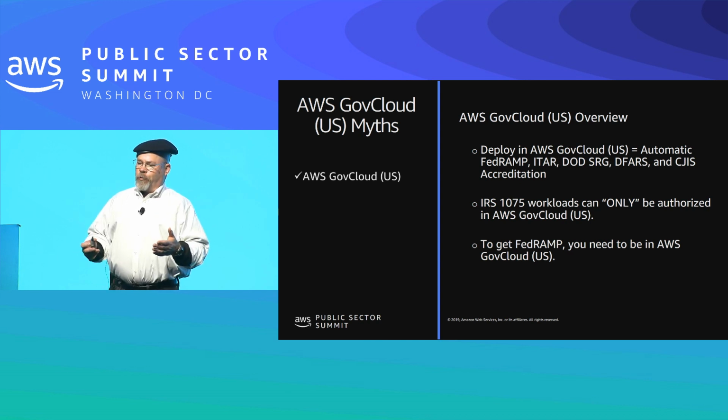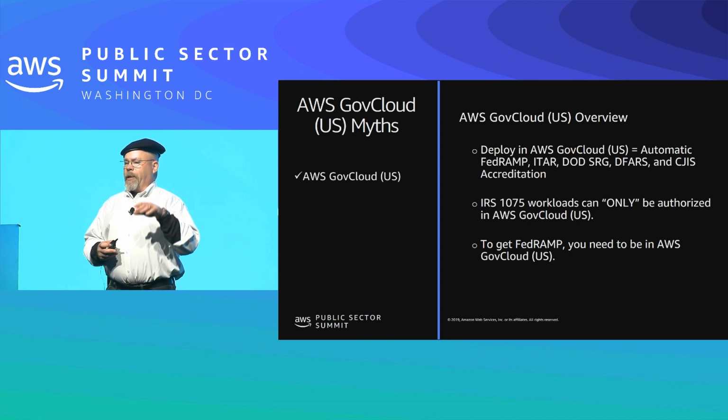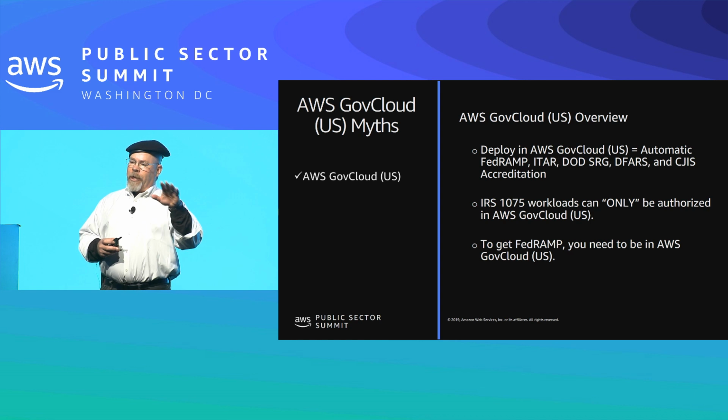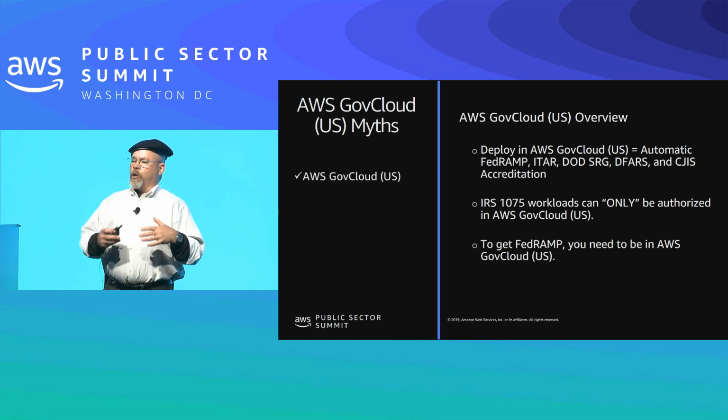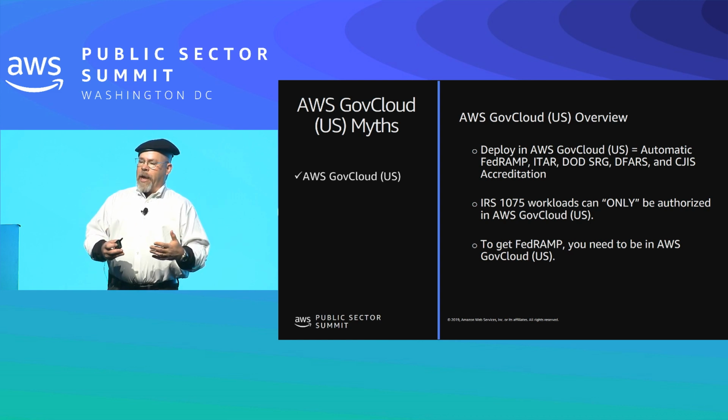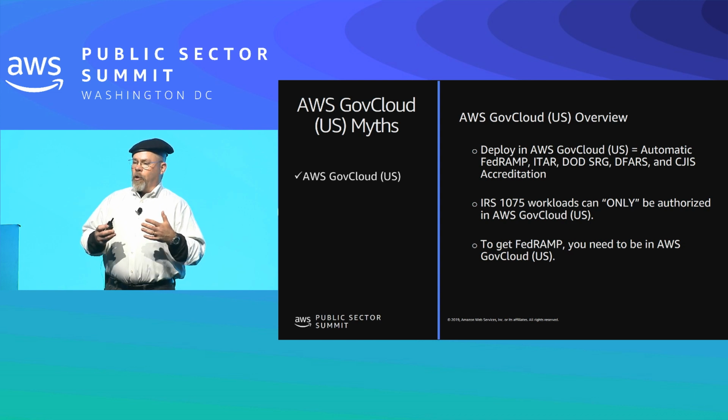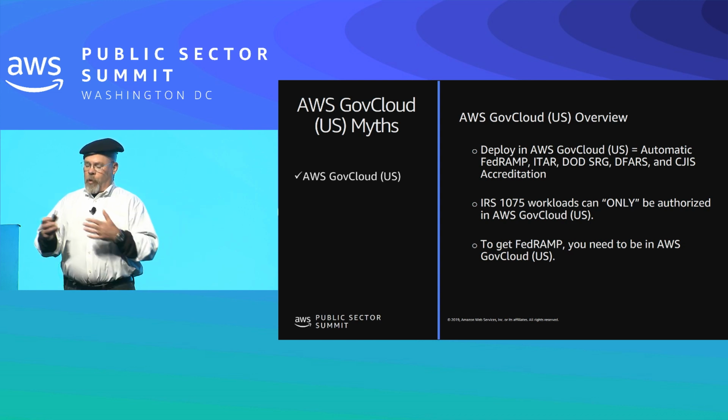It applies to the infrastructure that you're using. You still need a system security plan. You still need to get the authority to operate in whatever domain you're operating in. And that varies from agency to agency. So getting an authority to operate in HHS for an application, maybe you could leverage that accreditation package, or maybe not when you go over to the Department of Energy or the Department of Defense.